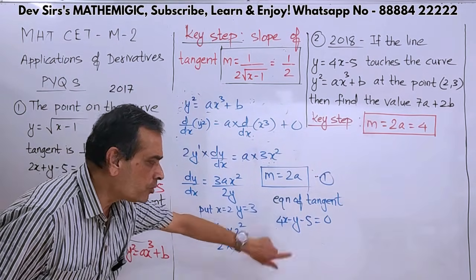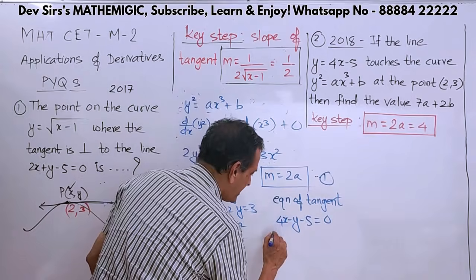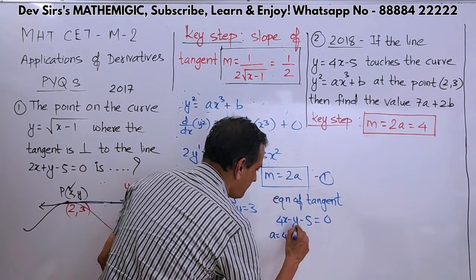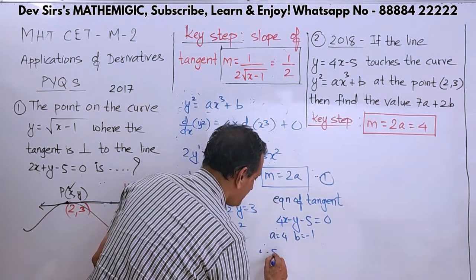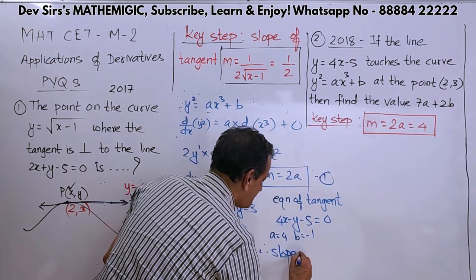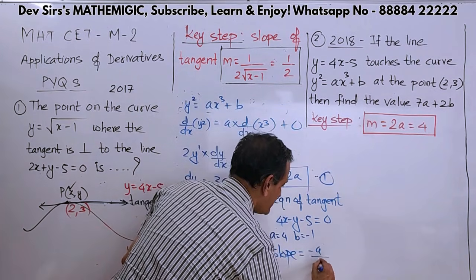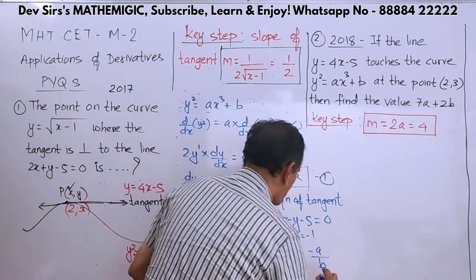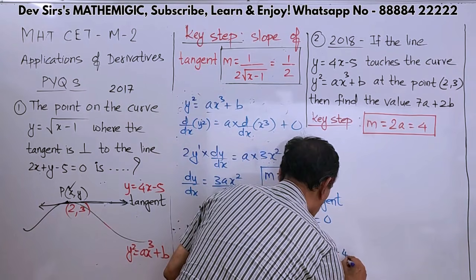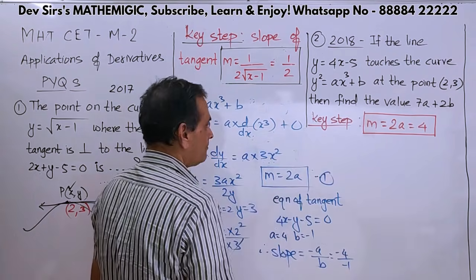So a equal to 4, b equal to minus 1. What is in front of x? a. What is in front of y? Minus 1. Therefore what is the slope? Minus a upon b, the basic definition of slope of a line. Minus a upon b means minus 4 upon minus 1.